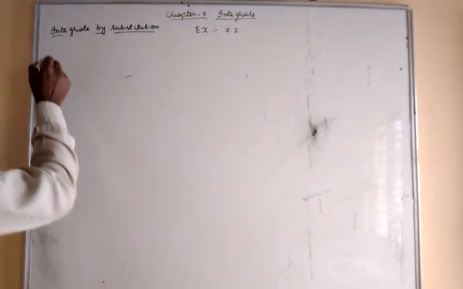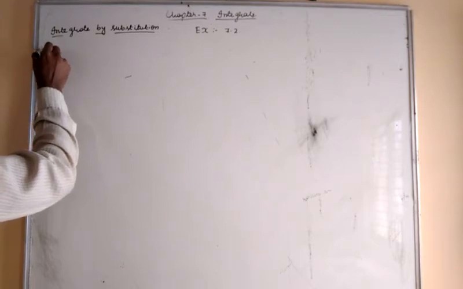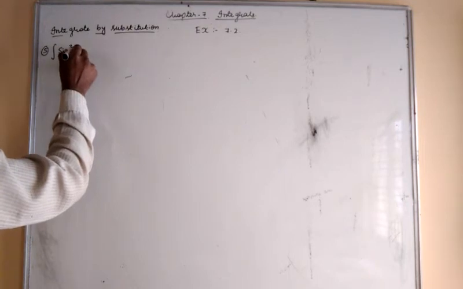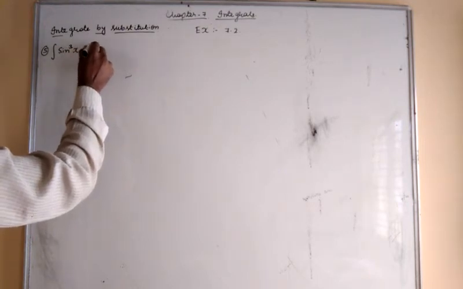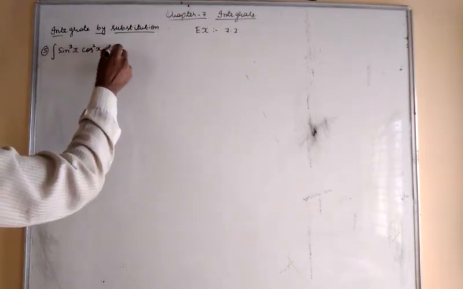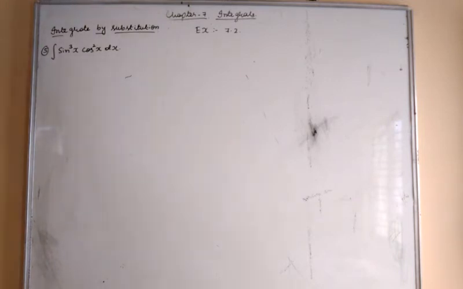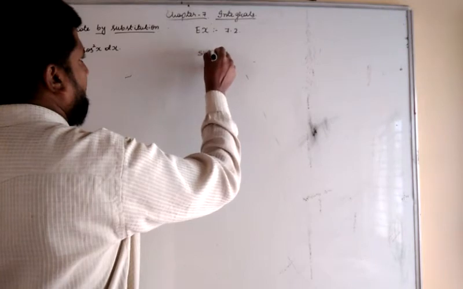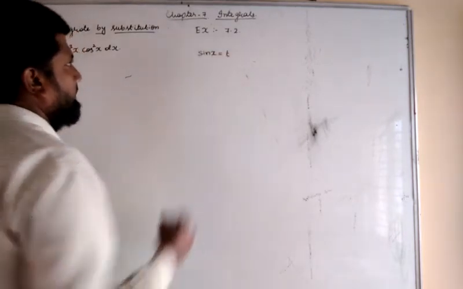So integration of sine cube x cos square x dx. Okay, so let us take sine x is equal to t.